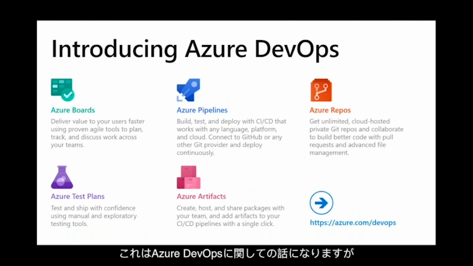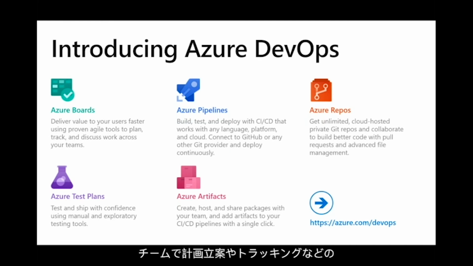So this is a little bit about Azure DevOps specifically, so the name is a little misconstruing. This is also a solution from Microsoft, which provides you a bunch of tools from a DevOps perspective.